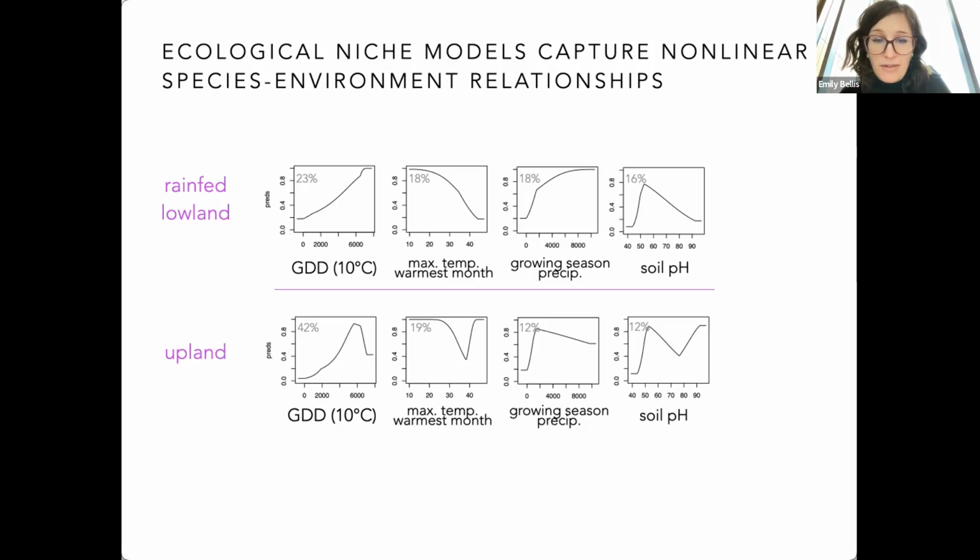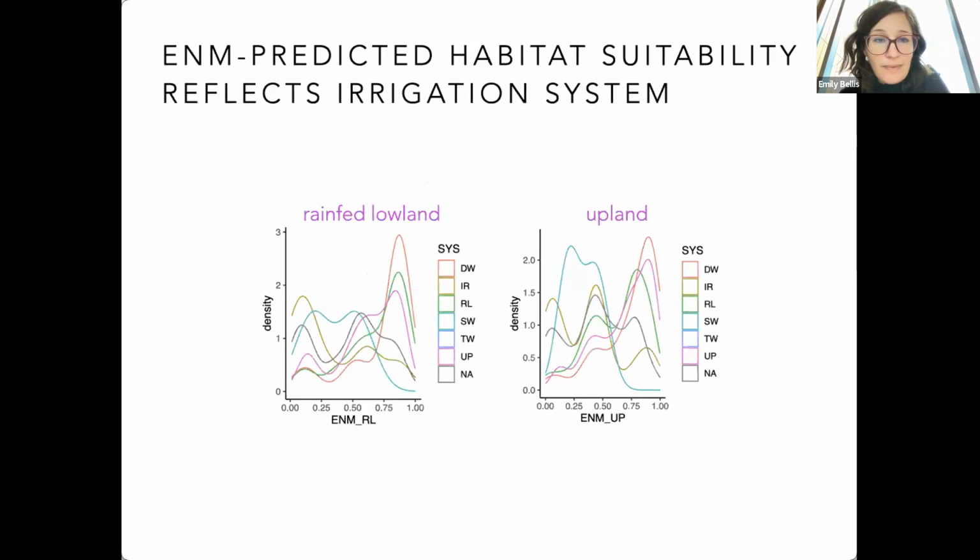So there's a little bit of inconsistency there. And then here I'm just showing you kind of a sanity check figure where we have the habitat suitability score on the x-axis for both of these models, and then the density across the training set of accessions that are from different irrigation systems.